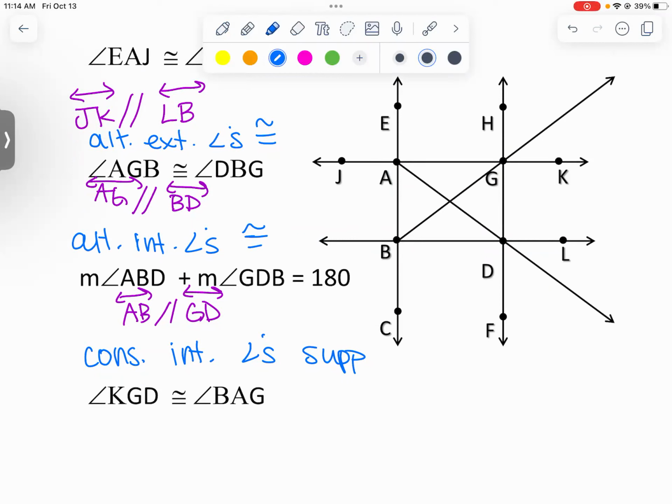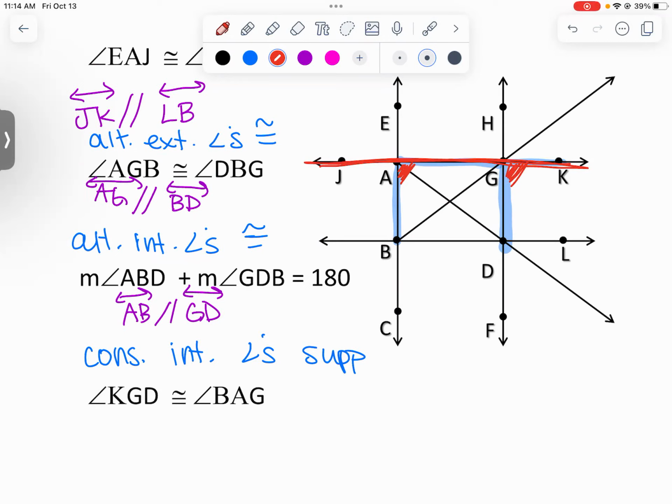But first, we must discuss KGD and BAG. This angle right here is congruent to this angle right here. Both of those angles are touching the line AG. That's the transversal because both of them touch this line.